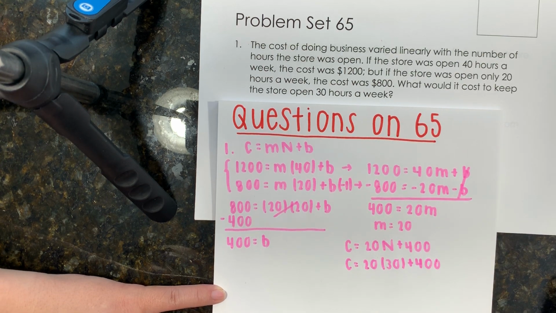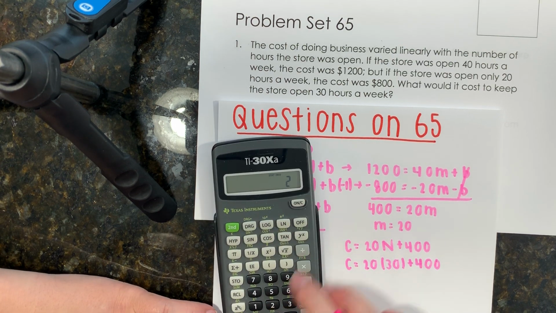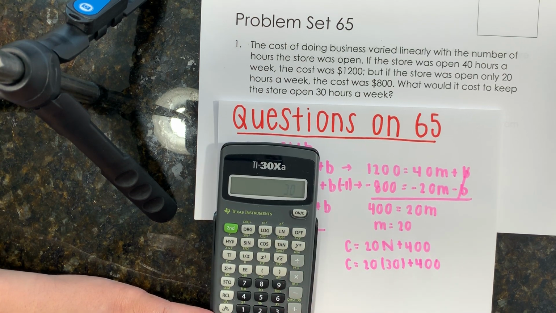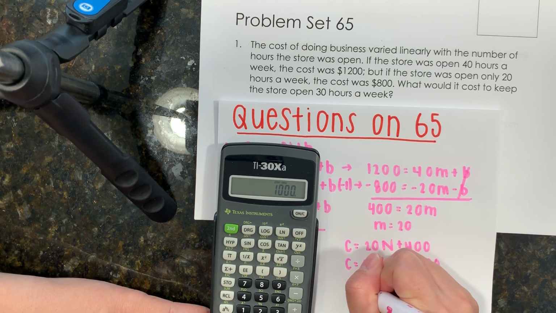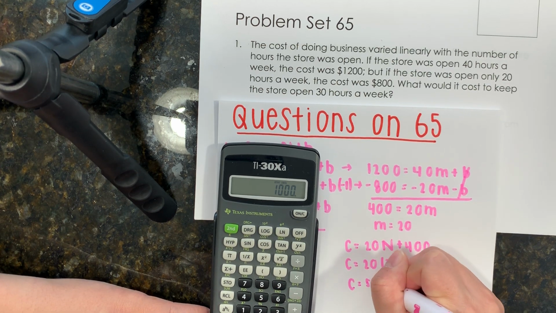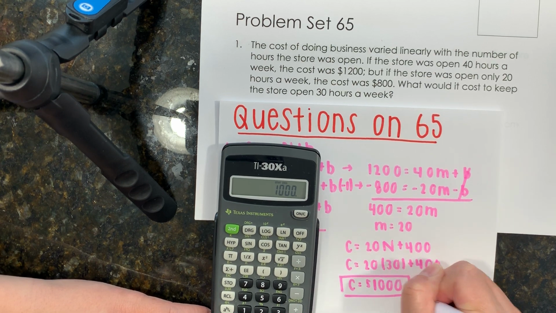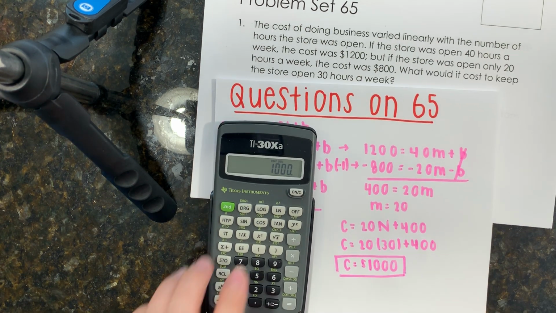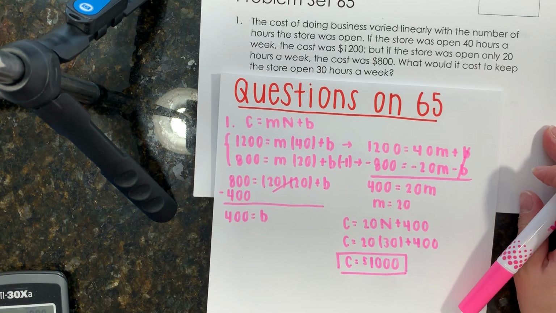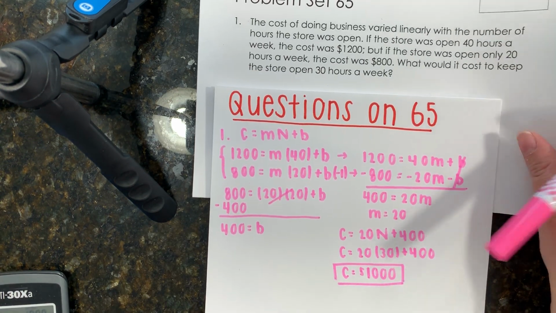So all we need to do is 20 times 30 and then add 400, and our cost would be equal to $1,000. And that concludes problem number 1.